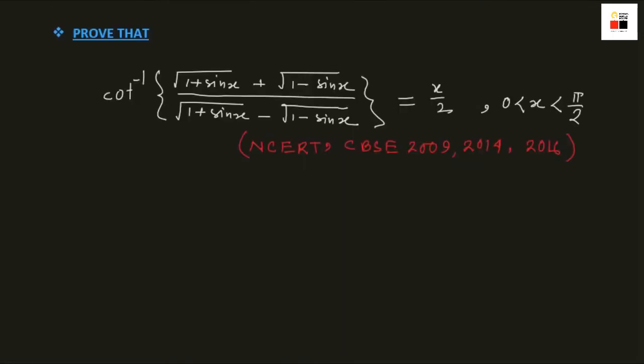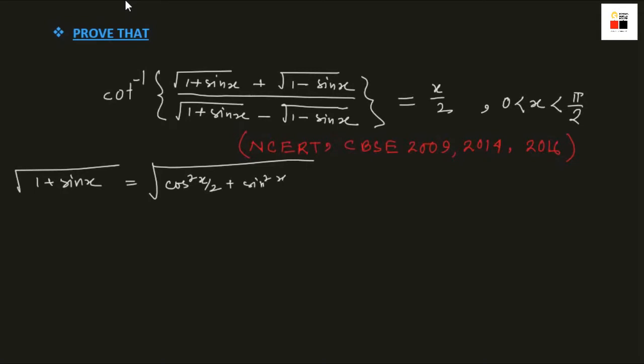Next problem is cot inverse of something equals x by 2. At first, for 1 plus sin x, we can write cos square x by 2 plus sin square x by 2 plus 2 sin x by 2 cos x by 2.